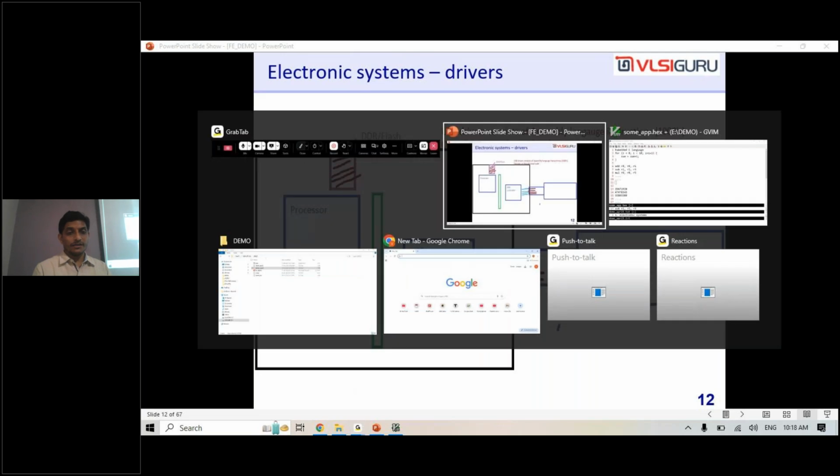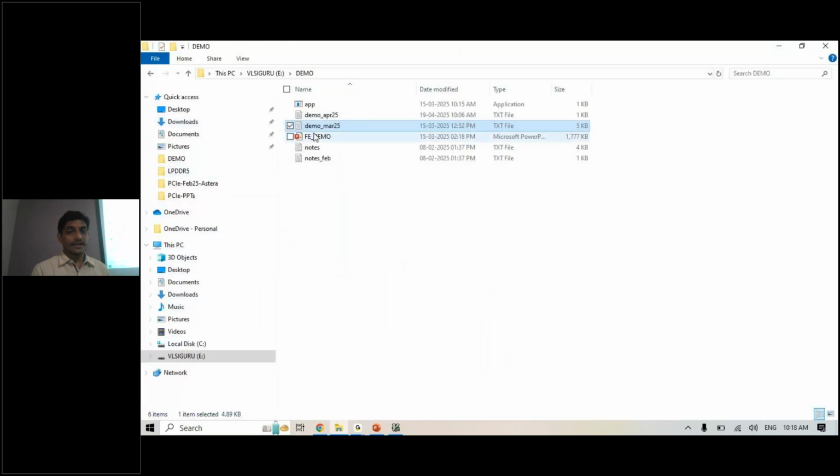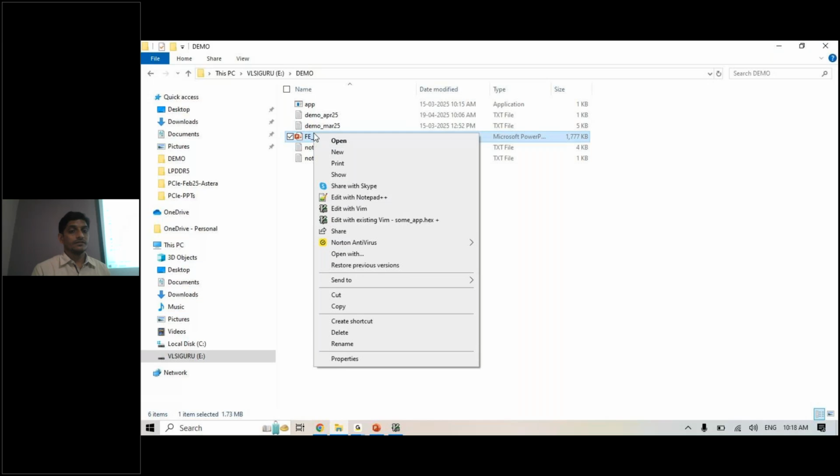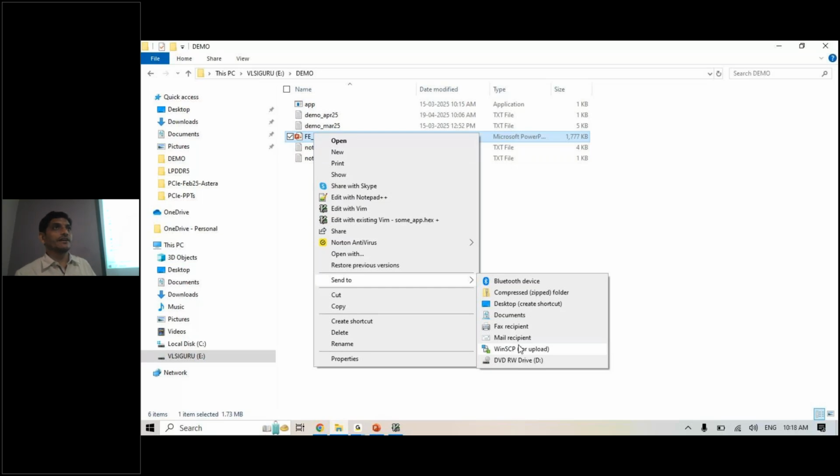I went to my laptop, did a right click, send to some pen drive. When you connect a pen drive, it will say send to drive. Are we doing this whole thing at the operating system level? Somewhere at the operating system level only, right? We went to the operating system, then right click, send to.